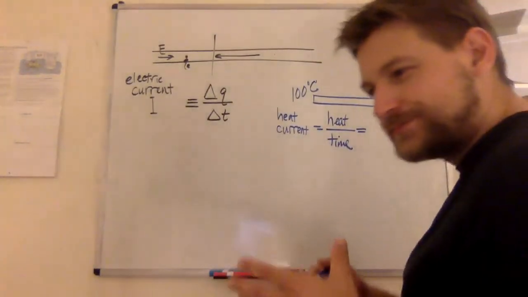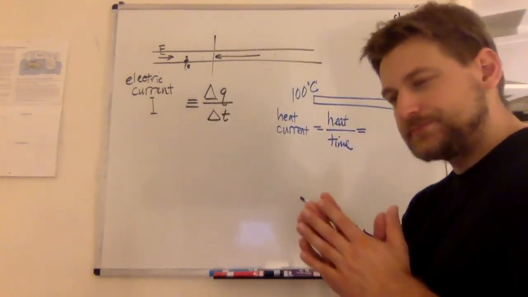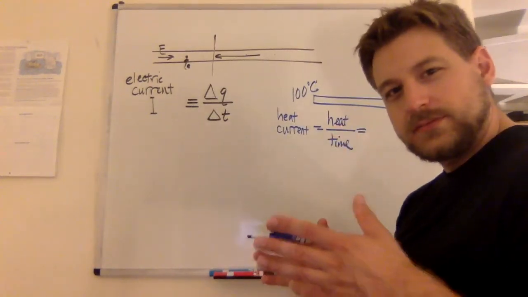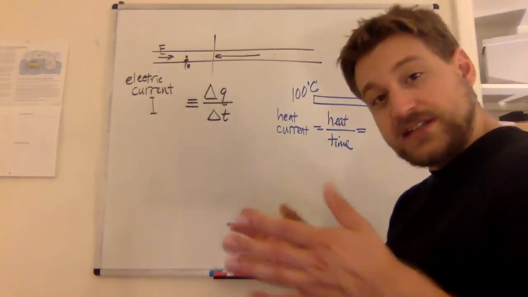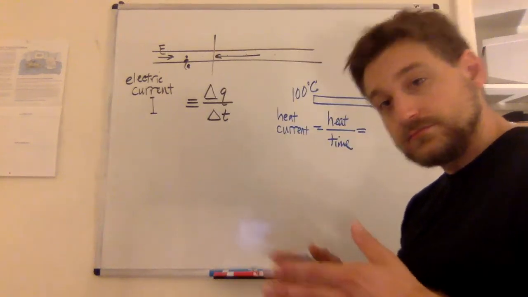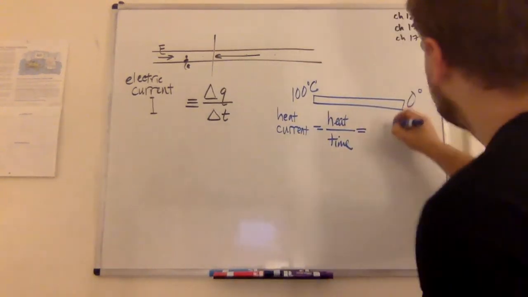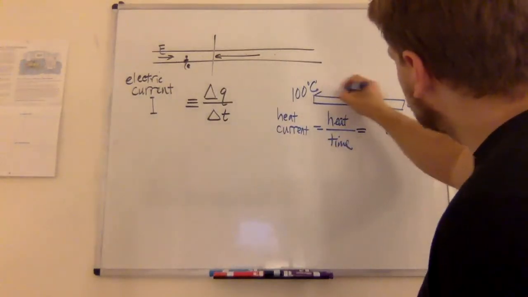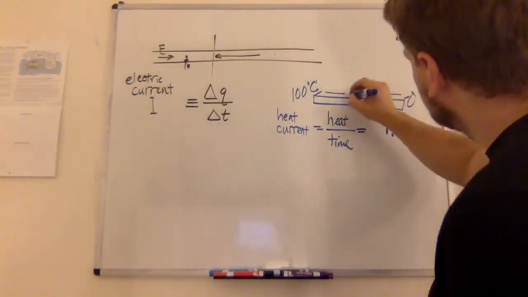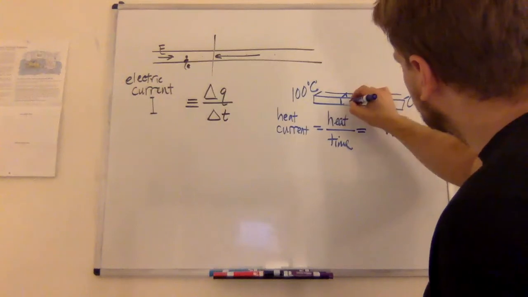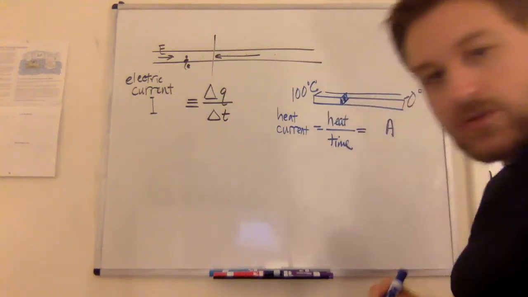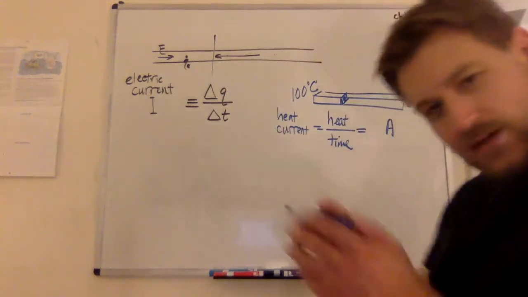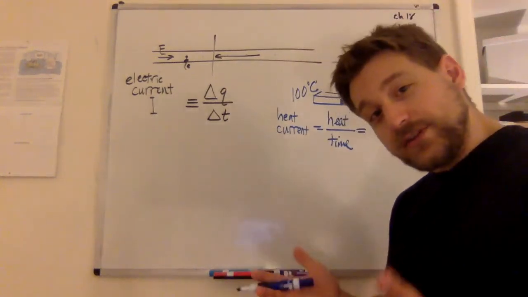We need to know how many people can fit on the train. How many rows of seats do you have? Which is like the cross-sectional area of that copper. How many lanes on the highway, in other words?